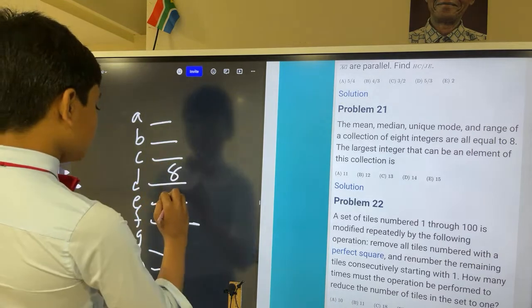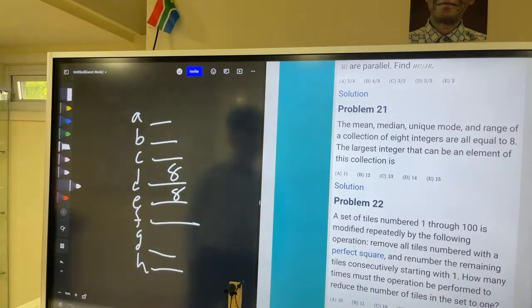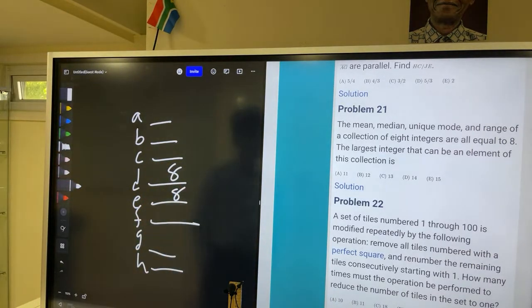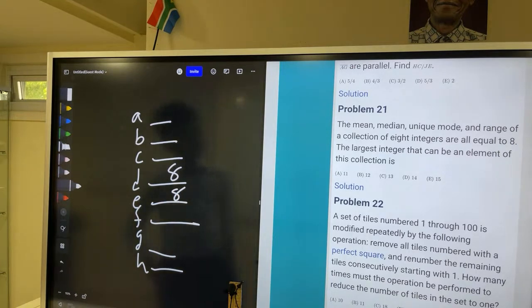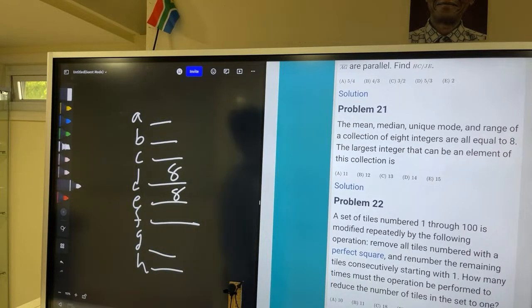So I assume D and E are equal to 8, because that's convenient, it allows me to knock out 2 requirements at once. Oh yeah, it knocks out the median and mode, not the range.